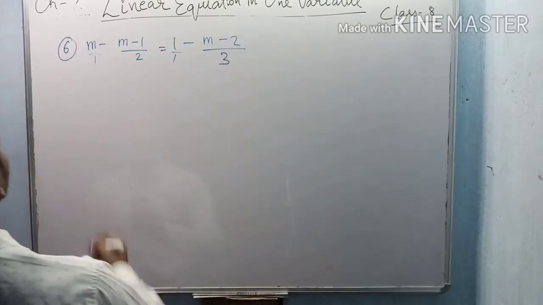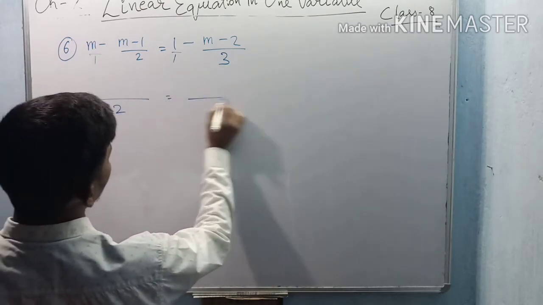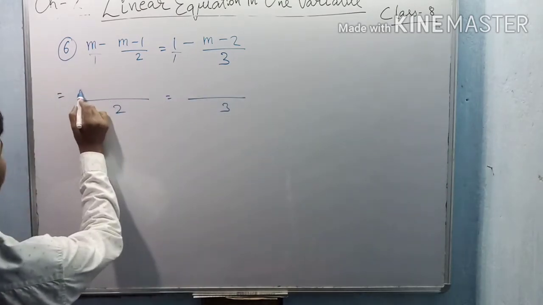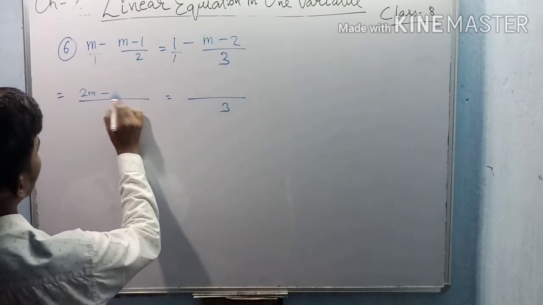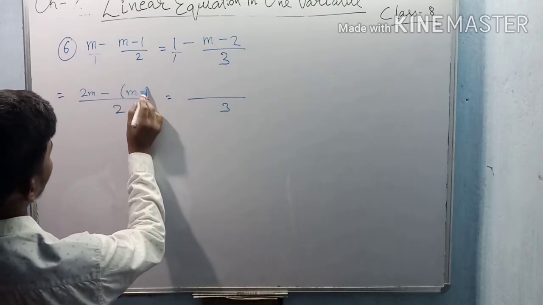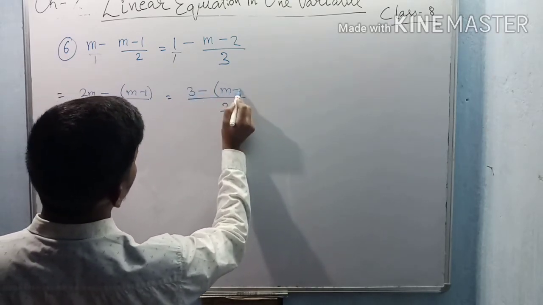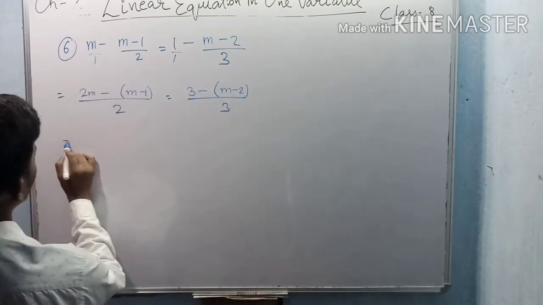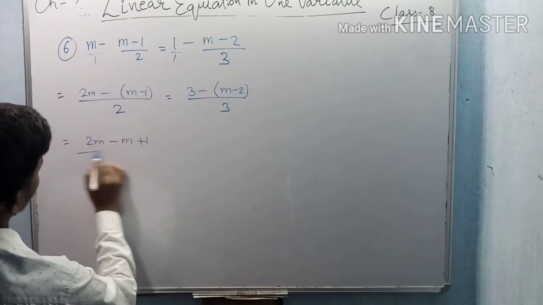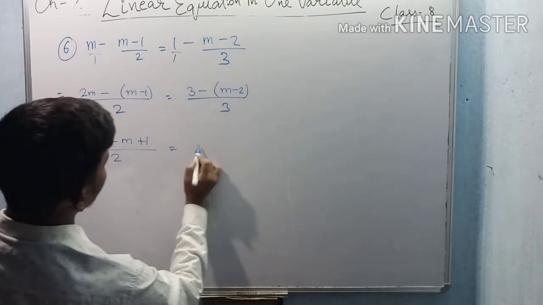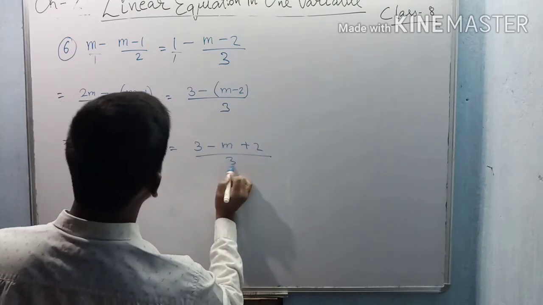So this question is saying we'll just take the LCM of these two, and here the LCM will be 3. So 2 LCM, so (2m minus (m plus 1)) by 2 equals (3 minus (m plus 2)) by 3.